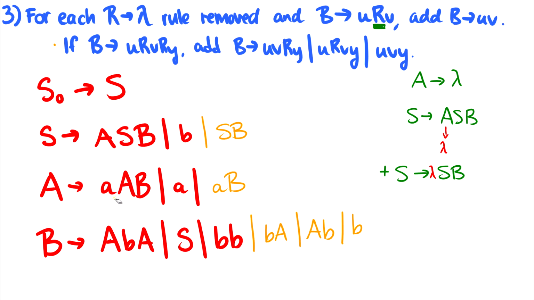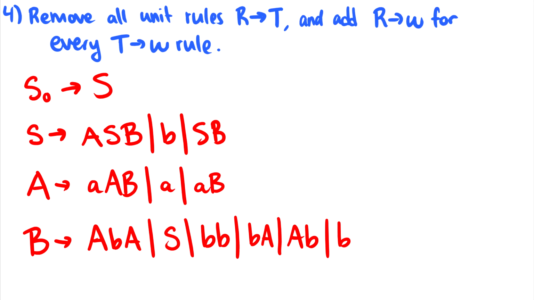Step 4. We're now going to remove all unit rules, of the form R goes to T, and we're going to add R goes to some string w for every T goes to some string w rule. We only have one that we have to deal with, and that is S0 goes to S. So what do I mean by this?